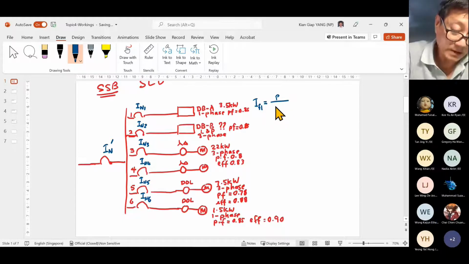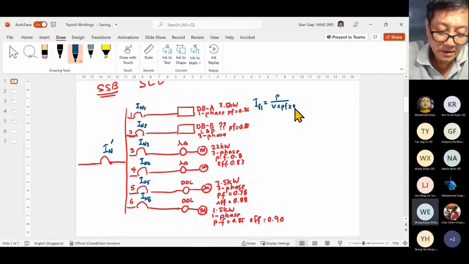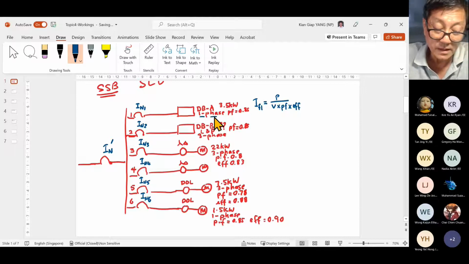Voltage. Divided by the voltage, then times power factor, very good. Times one more. Times what? Efficiency. Remember this is single phase, so it is efficiency, not √3.